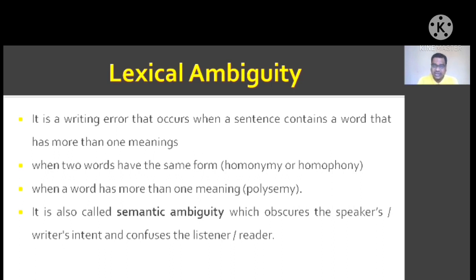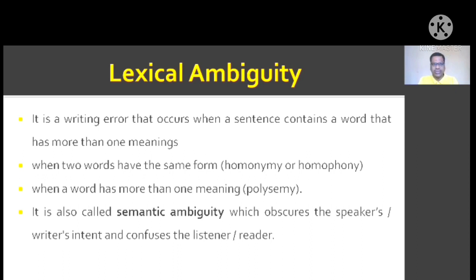And all such kinds of ambiguities, either based on the homophones, homonyms, or polysemy words, are called lexical ambiguities. In different words, it is also called semantic ambiguity. The semantic ambiguity obscures the speaker's or writer's intent and confuses the listener or the reader.